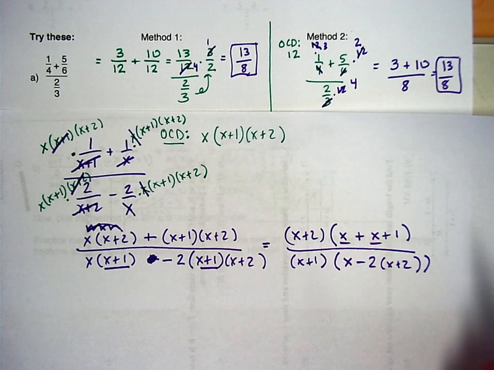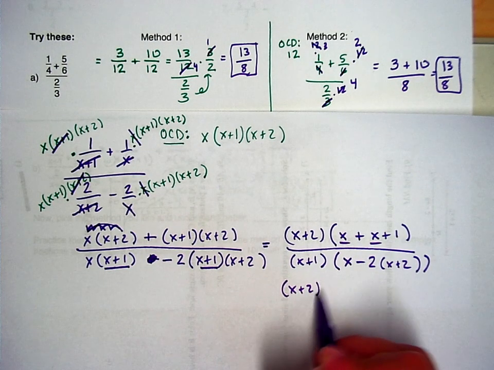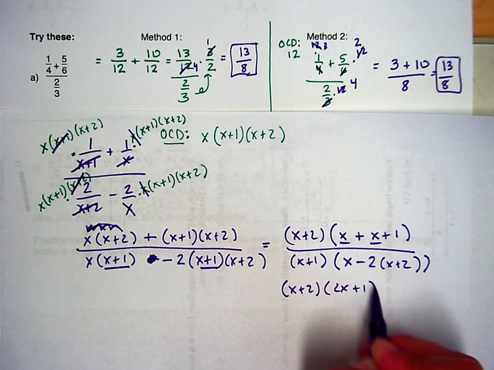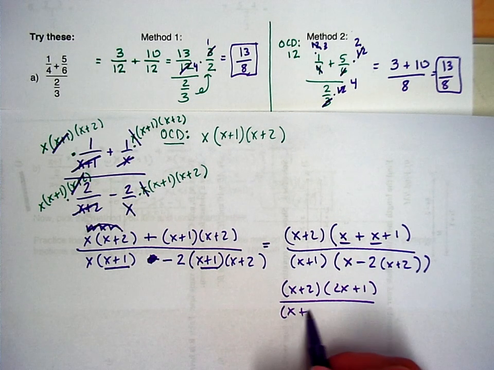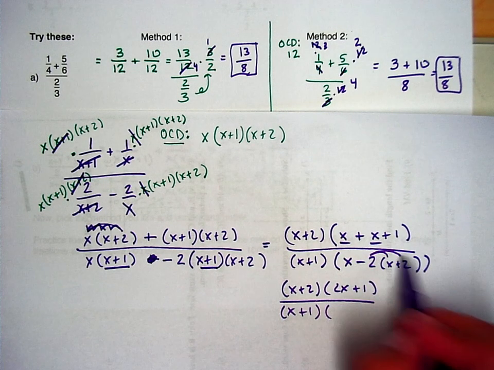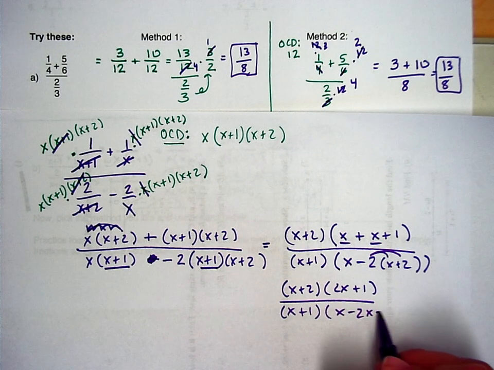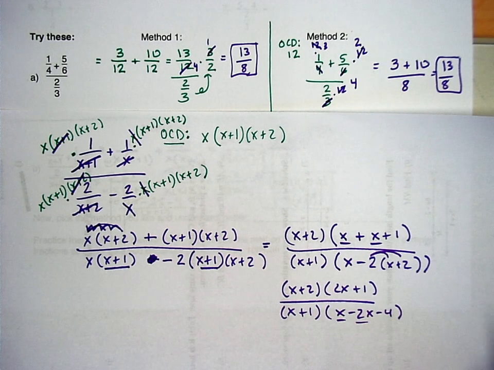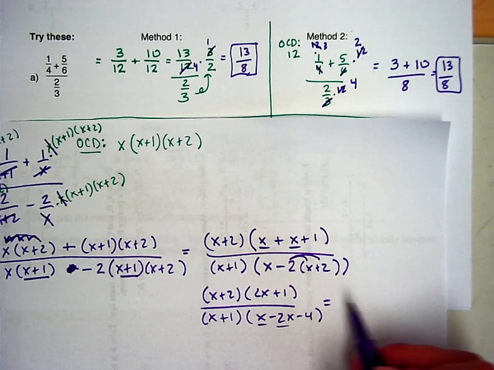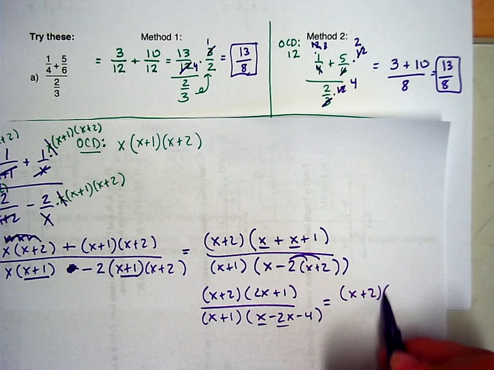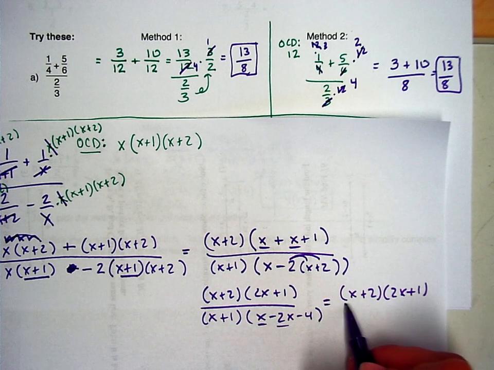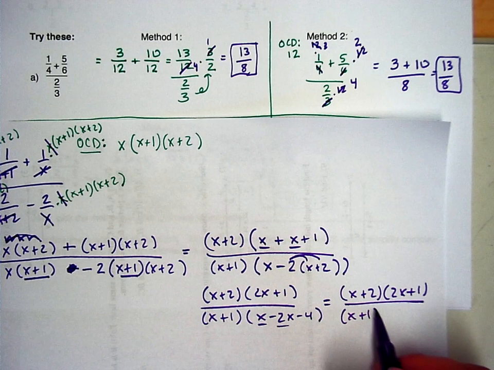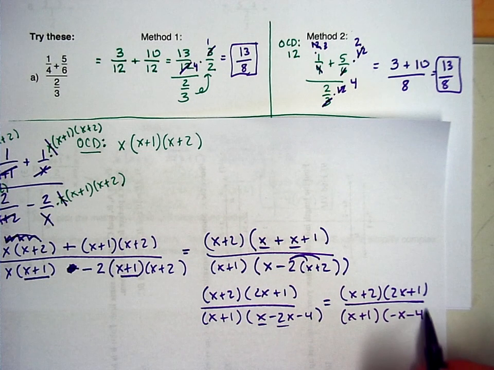Combine like terms up here. So now I've got x plus 2 times 2x plus 1. Down here I've got x plus 1. Distribute. Super close. Combine like terms. Final answer, x plus 2, 2x plus 1 over x plus 1, negative x minus 4.